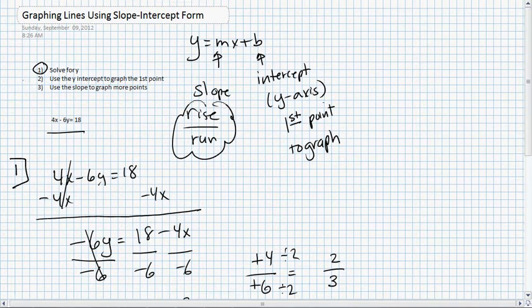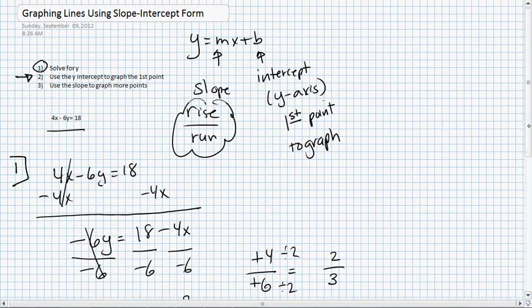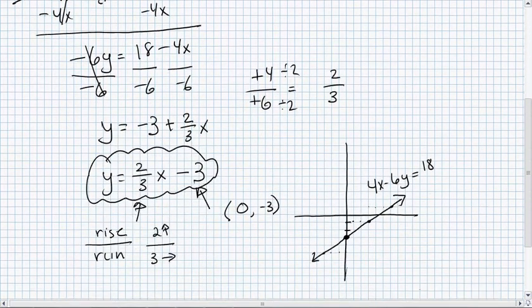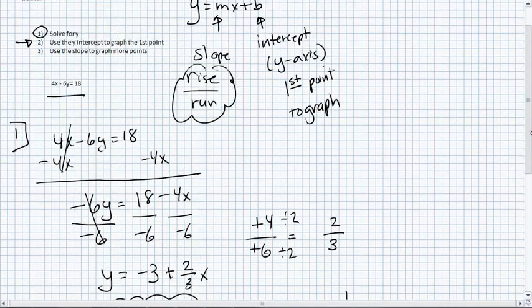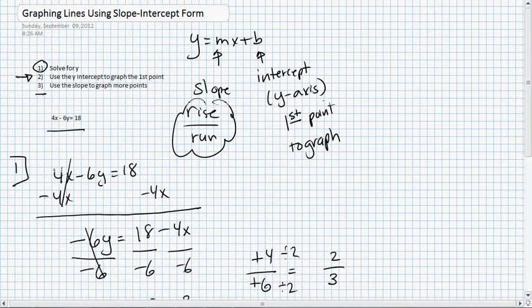The next step was to use the y-intercept to graph the first point. So my first point was 0, negative 3, which I put on my y-axis. And the last step was to use the slope to graph some more points.